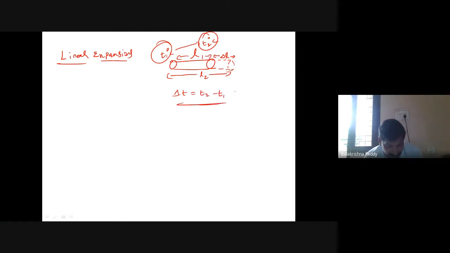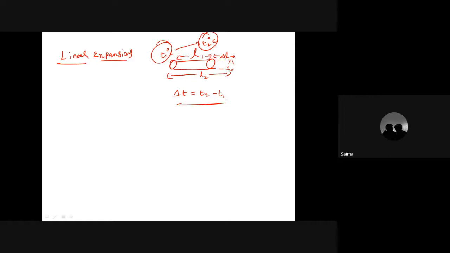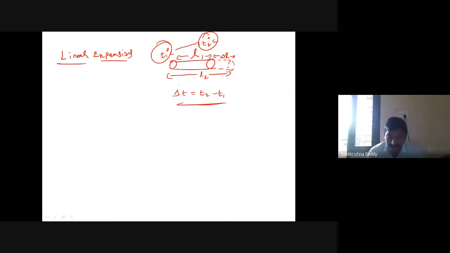Got it? Yes, sir. Now, since I'm telling 11th class basics, from L1 to L2 the length has changed. So the change in length, delta L, is directly proportional to the original length, and at the same time it also depends on the change in temperature.